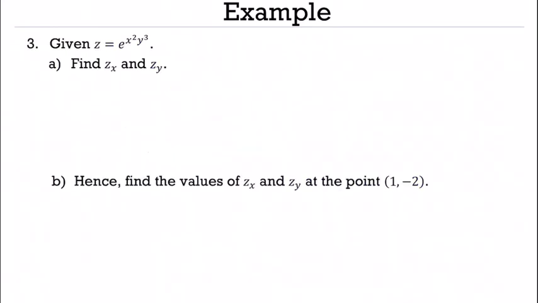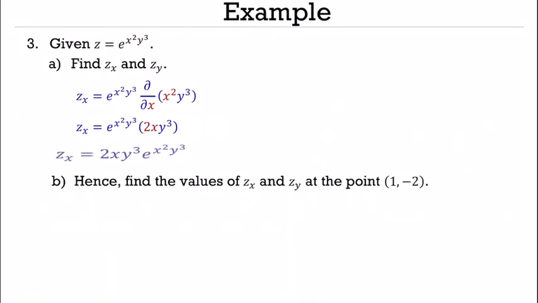For this question, we want to find the values of z sub x and z sub y at the point (1, -2), but we find z sub x and z sub y first. Since it involves an exponential, we rewrite the exponent first, then multiply by the partial derivative of its power with respect to x, where the derivative equals 2xy cubed.